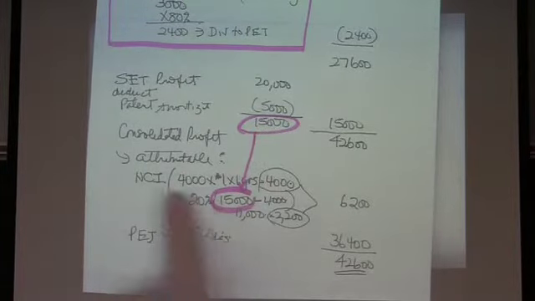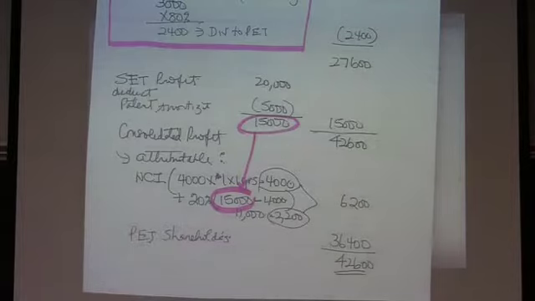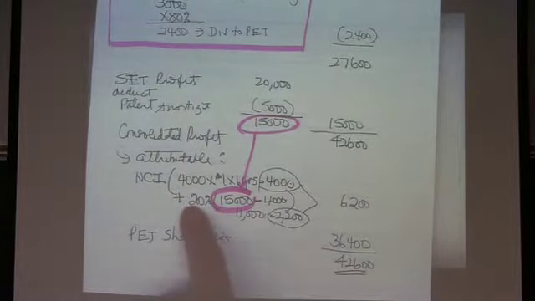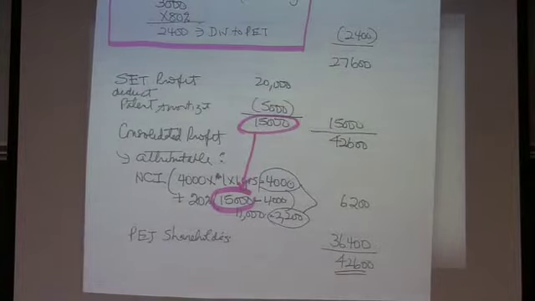We know that the first 4,000, because it's preferred shares, goes to them. Then we take a look at the remaining income and how much of that remaining income goes to the non-controlling interest. So the non-controlling interest represents preferred shares and 20% of common share ownership. And that's what I have here. Okay?